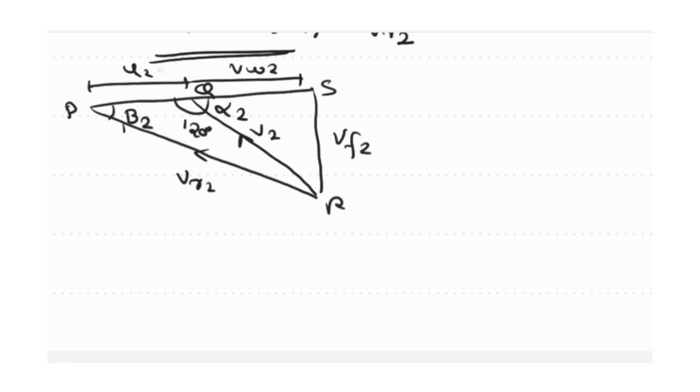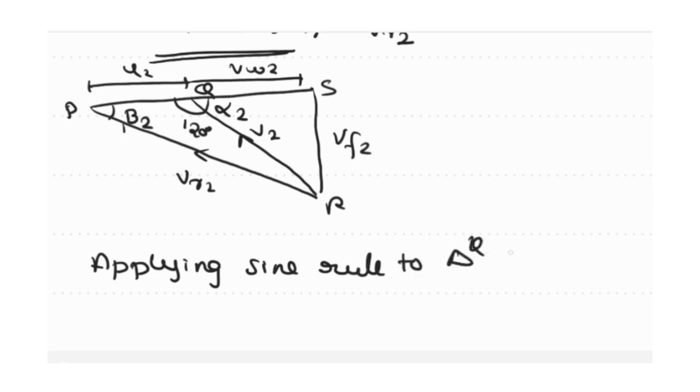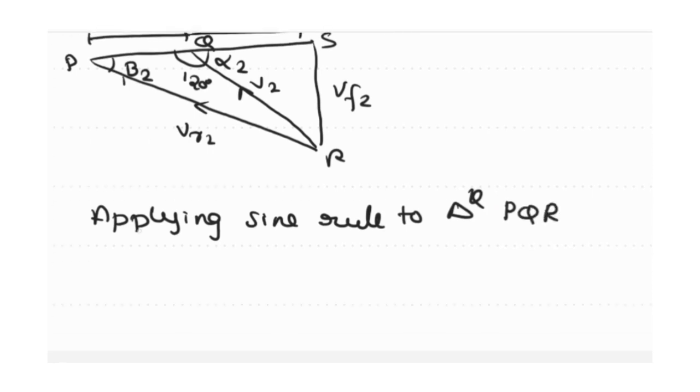In this we know U2 is known and VR2 is known. I will apply now the sine rule to the triangle PQR.